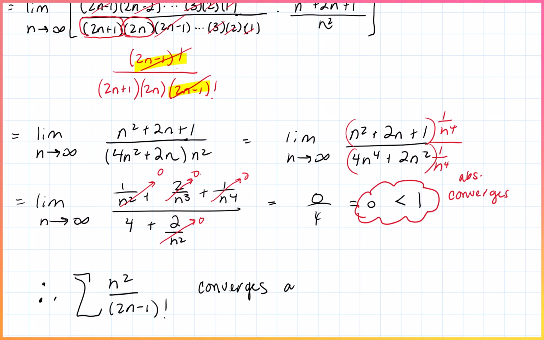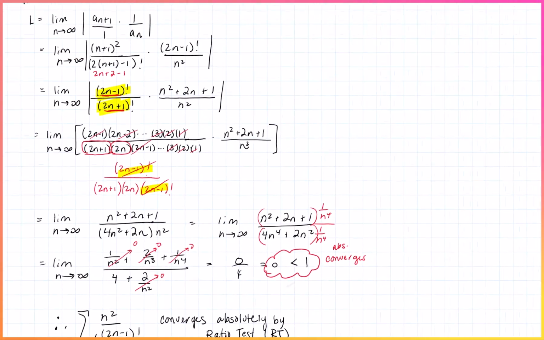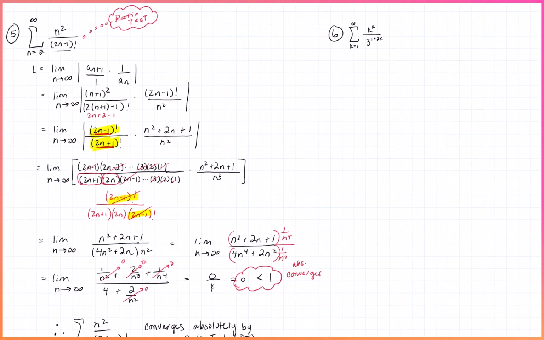Remember, we always want to classify absolute or conditional convergence. It converges absolutely by, and in this case we applied the ratio test. We use RT for both ratio and root, but it was the ratio test, and it converges absolutely, the strongest type of convergence. So we've got our ratio test there.